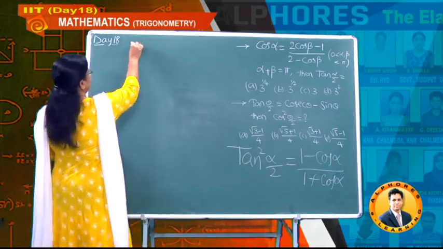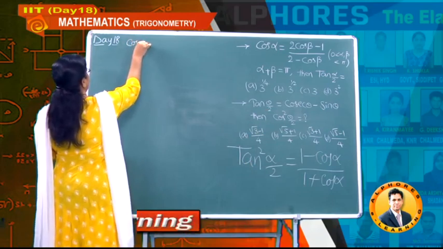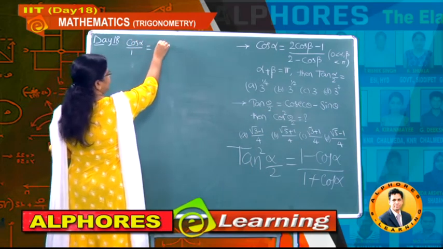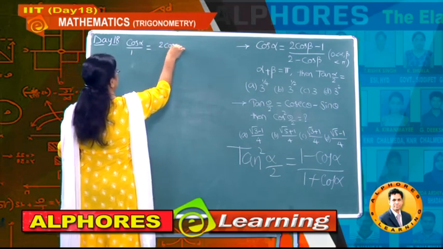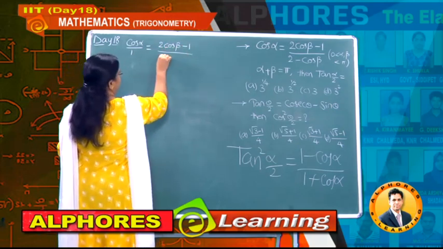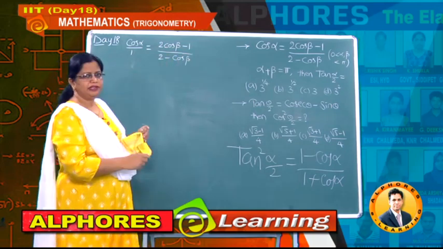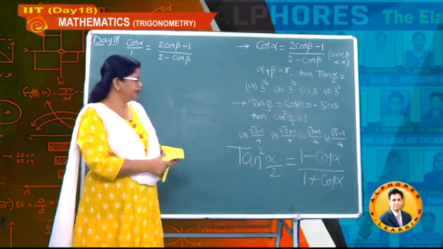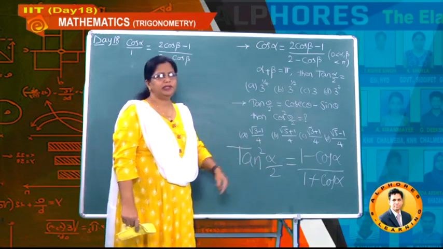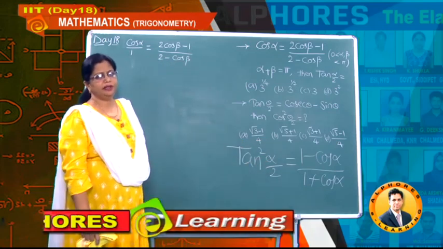First, the condition is cos alpha divided by 1 equal to (2 cos beta minus 1) divided by (2 minus cos beta). So students, observe here, as the formula is like this, 1 minus by 1 plus, or 1 plus by 1 minus, and so on.